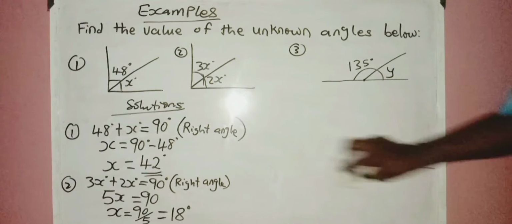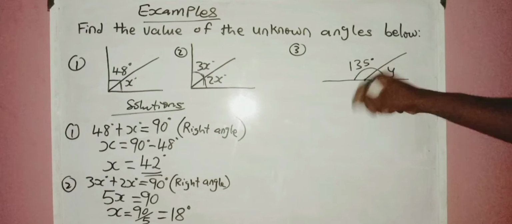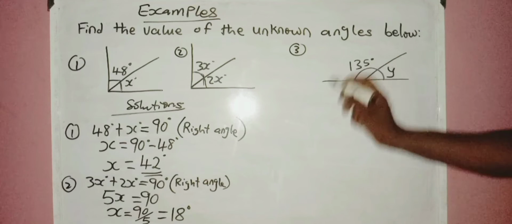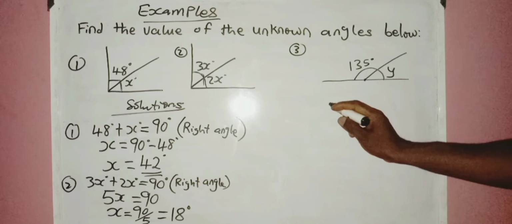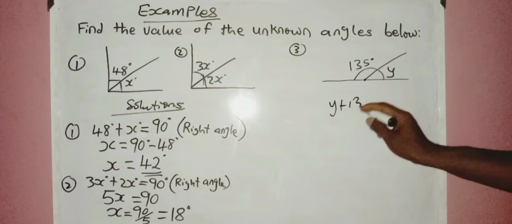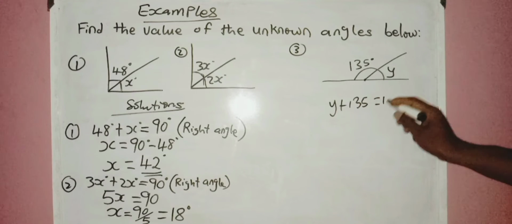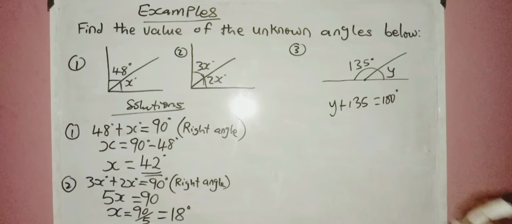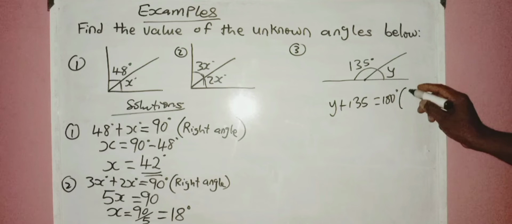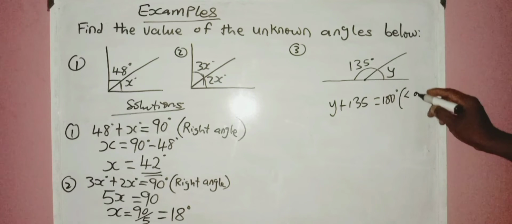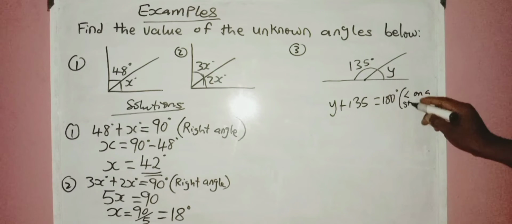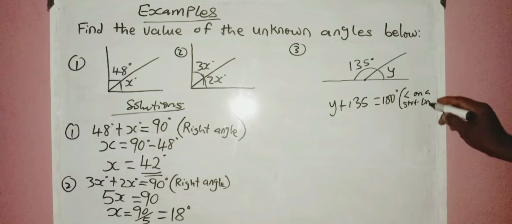Now, to solve this question, we already know that this angle is 180. All we need to do is to add up everything that we have here. That is y plus 135 is equal to 180 degrees. What is our reason? That's angle on a straight line. I'm using an abbreviation here.